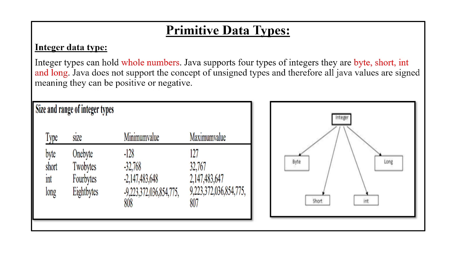If it is an integer data type, we need 4 bytes of memory. And if it is a long integer, we need 8 bytes of memory. One more point we have to remember is Java does not support unsigned types. That means all the values in Java are signed data, that is, either a positive integer or a negative integer.